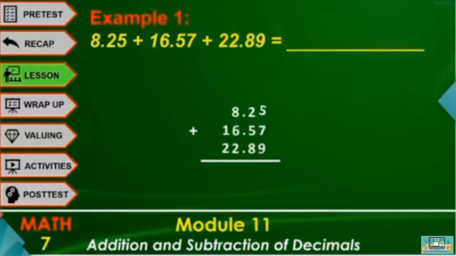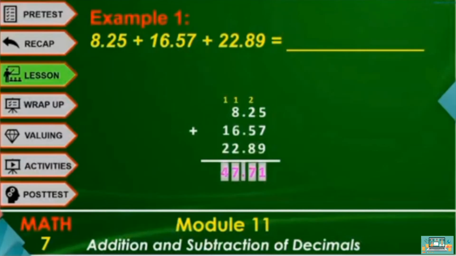Align first the decimal numbers. 5 plus 7 plus 9 is 21, bring down 1, carry 2, so 2 plus 2 plus 5 plus 8 is equal to 17, bring down 7, carry 1. 1 plus 8 plus 6 plus 2 is 17, so bring down 7, carry 1. 1 plus 1 plus 2 is equal to 4, so bring down 4.